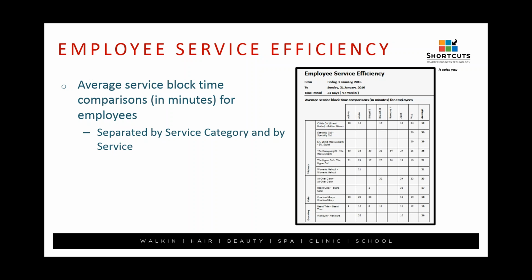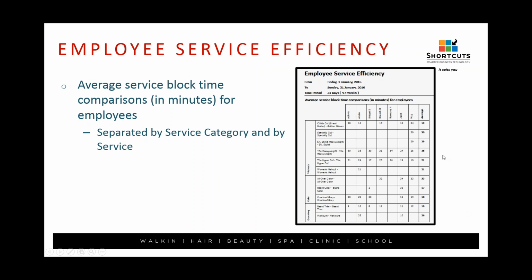When you set up a service within Shortcuts, you set a specified service time, so you will be able to tell whether they're taking less or more time than you anticipated, as well as the average for that particular service. If you have services set to 30 minutes and you see that they're constantly going over this time, then maybe we need to do some work with these employees. Any questions about that report?